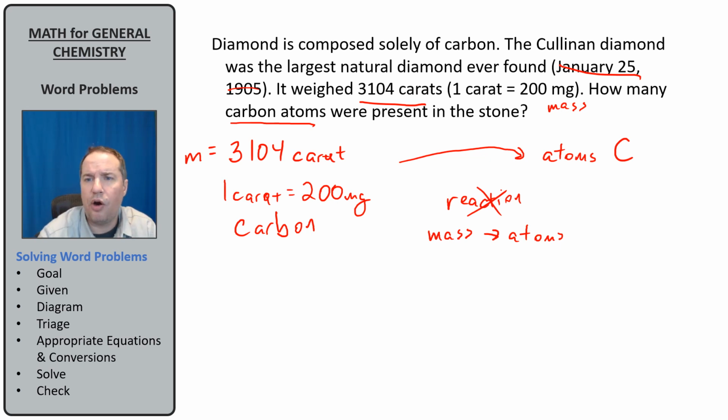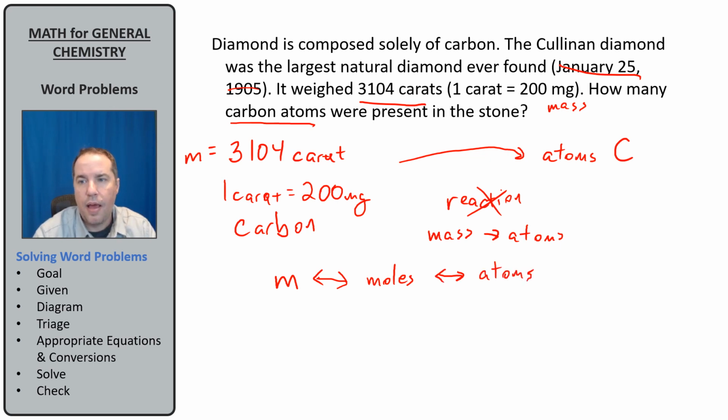So what do we know about this? Now, you may not have covered this in class yet, but you'll get to this eventually. In class, we talk about how you can go from mass to the number of moles, and then to the number of atoms. You can't go directly from mass to atoms.